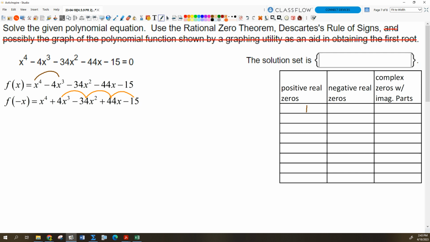It goes down in increments of 2, right? So then we end up with either 1 positive, 3 negative, 0 imaginary, or 1 positive, 1 negative, 2 imaginary, right? Okay, so those are the only possible outcomes.